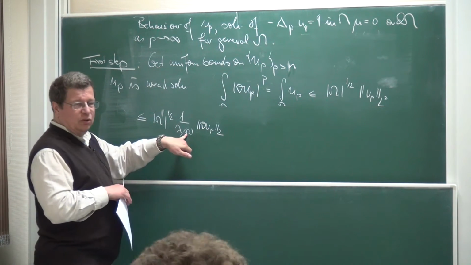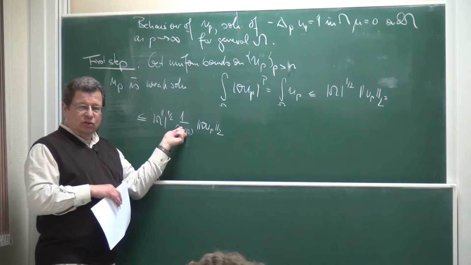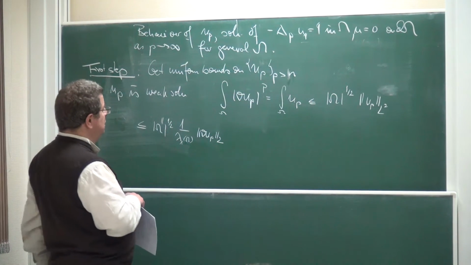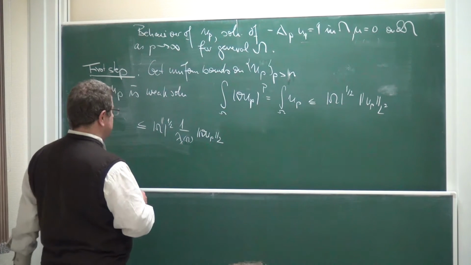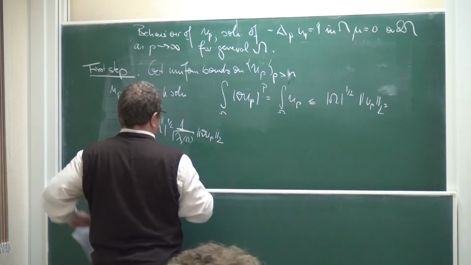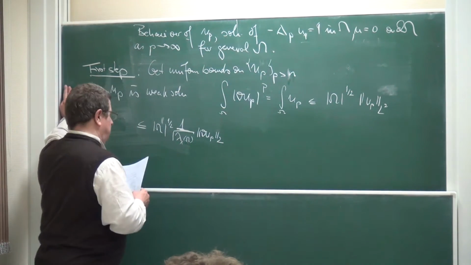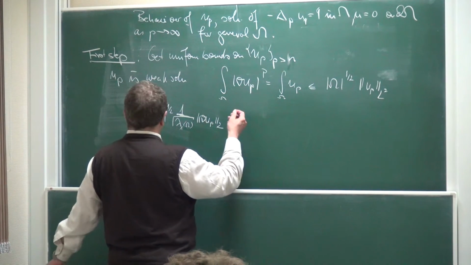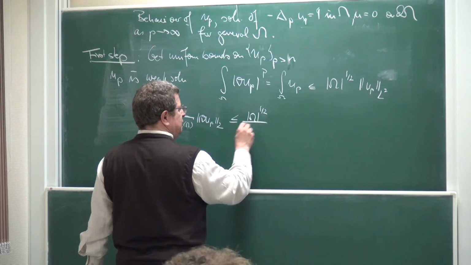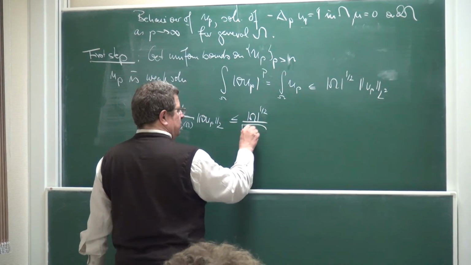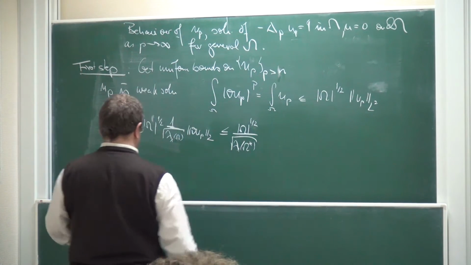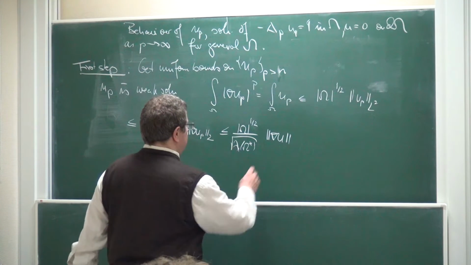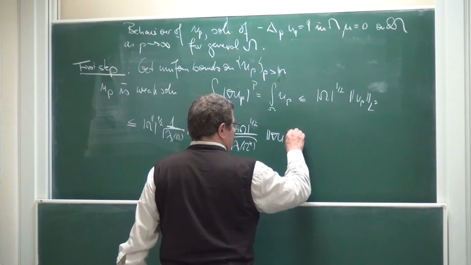And since this first eigenvalue is bounded below by the first eigenvalue for the corresponding ball of the same volume as omega, I can bound this below by something, omega to the 1/2, square root of lambda 1 of omega star, that depends also on the modulus of omega, times the gradient of u_p.